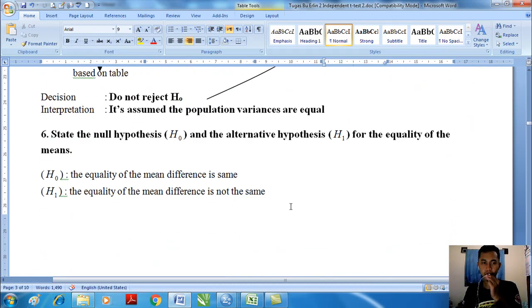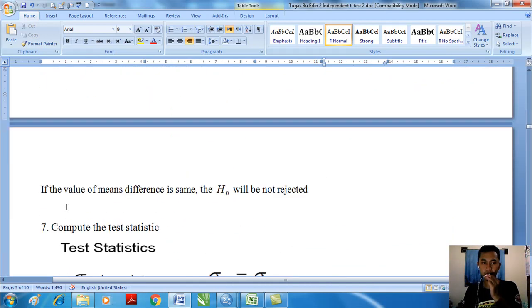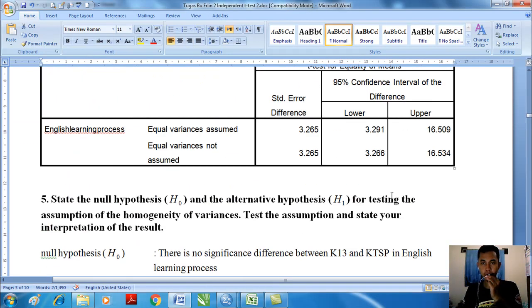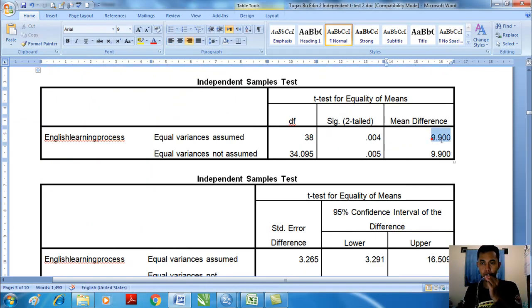And then we come to the question: if the value of the means difference is the same, the null hypothesis will not be rejected, meaning accepted, meaning that the equality of the mean difference is the same. Look at the table, same, right?